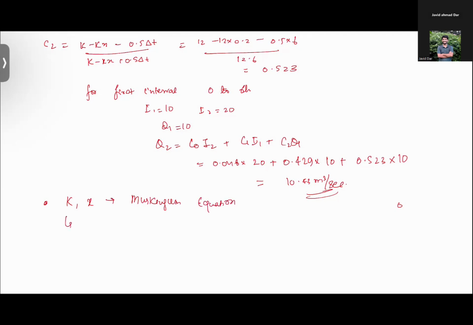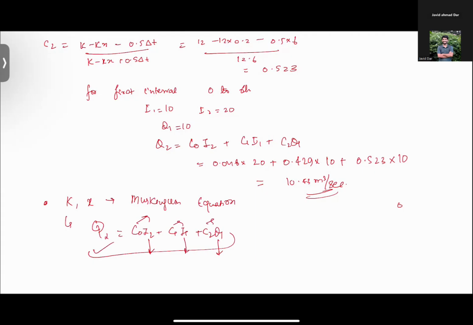Then we computed the value of Q2 by taking the equation here plus C2 Q1. In this equation, we were given the value of I2, I1, and Q1. We computed first C0, C1, C2, and then we computed the Q2.